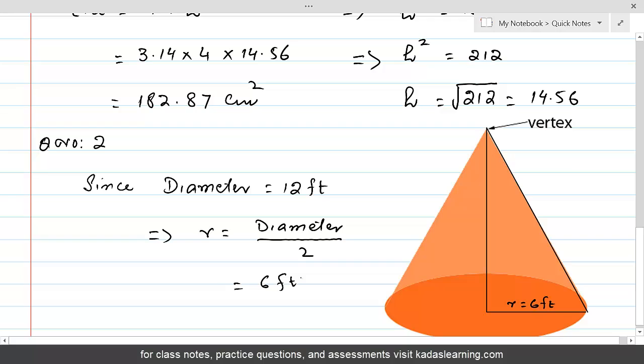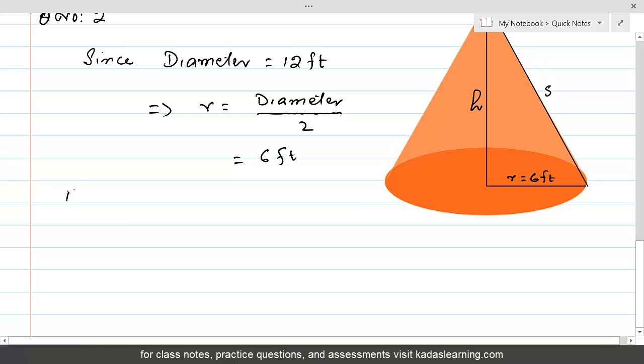Now we know the radius, but we don't know the height. And we also don't know the slanting height, which is represented by S. So first we will need to find out the slanting height from the information given for lateral area.